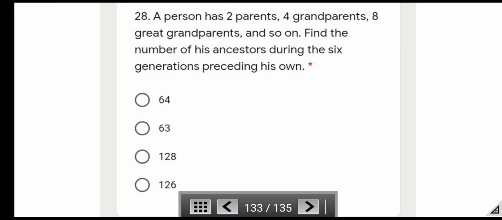Question number 28. A person has 2 parents, 4 grandparents, 8 great-grandparents and so on. Find the number of his ancestors during the 6 generations preceding his own. First, this is a GP, 2, 4, 8 and so on. We have to find S of 6.